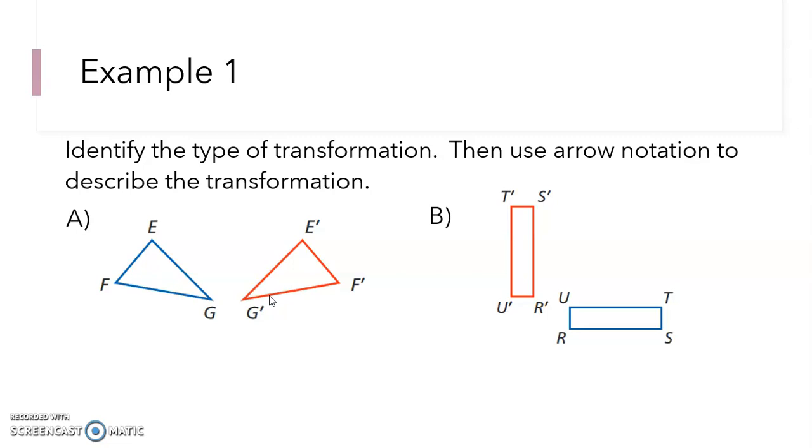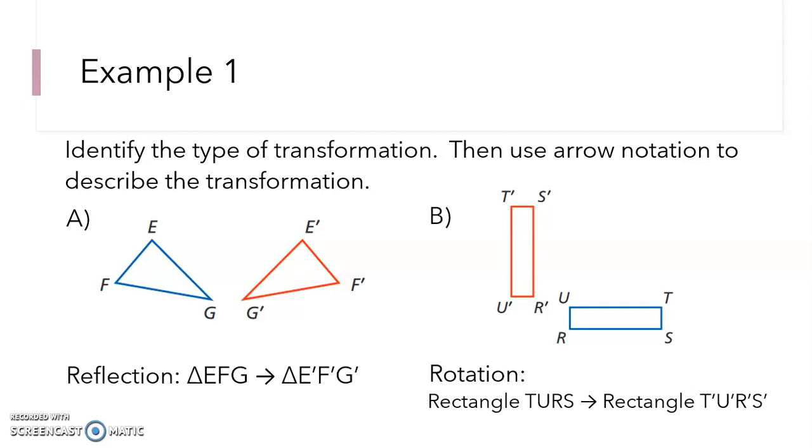And then name the triangles with arrow notation. In part B, we're going to do the same thing. See if you can figure out the type of transformation that changed the blue rectangle into the red rectangle. And use arrow notation to describe it. So pause the video, try and do that, and then press play to see if you're right.